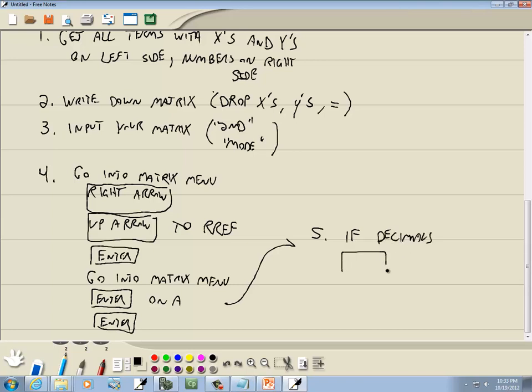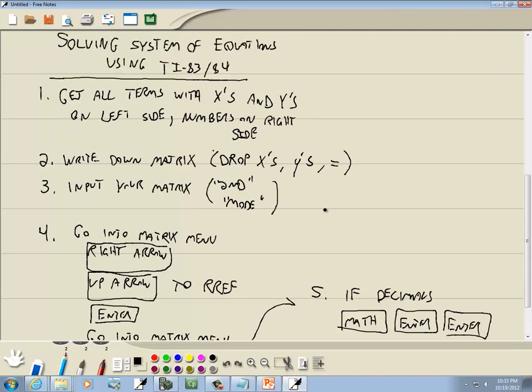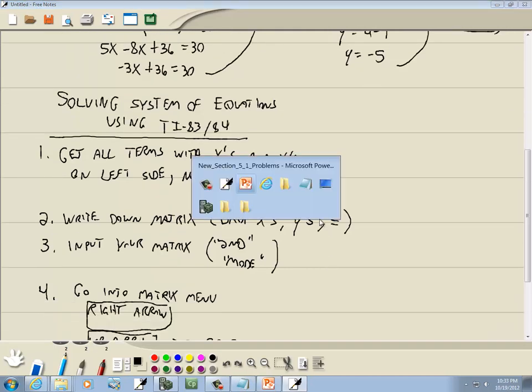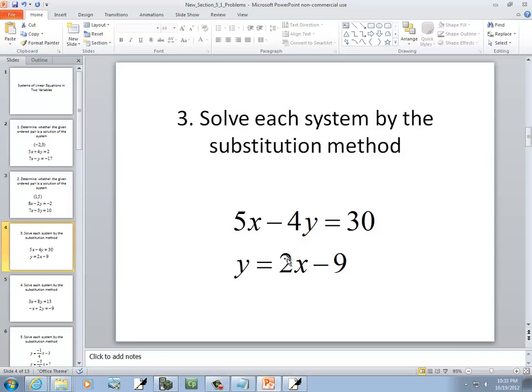If decimals, then you do math enter. So math enter. Let's see what in the world I'm referring to here. Let's do this problem again using these steps.